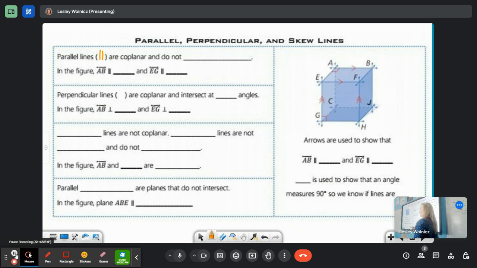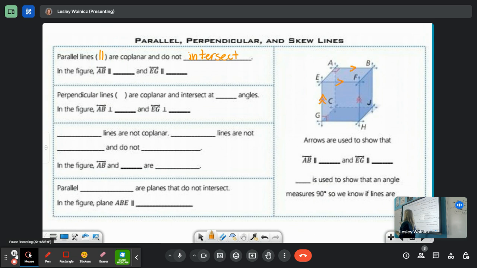What don't parallel lines ever do? Yeah, they don't ever touch, and the fancy word for that is intersect. They do not intersect. Whenever we have pictures, we're going to be using arrows to show which lines are parallel to each other. So the trick is to be able to count the arrows. You see that this one has one arrow, that one also has one, but this one down here has two.